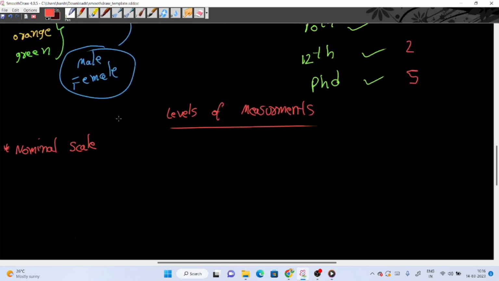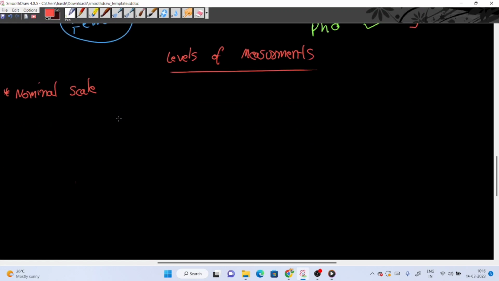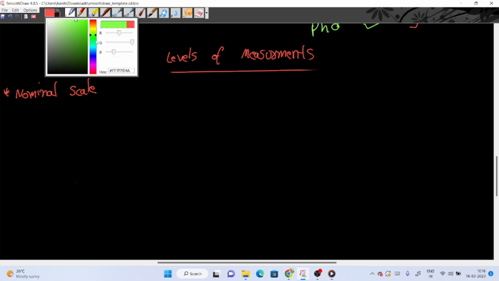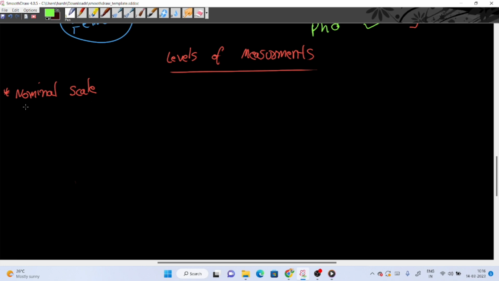That means there will be no ranks, and it is categorical data. So we can take examples like gender, color, etc.